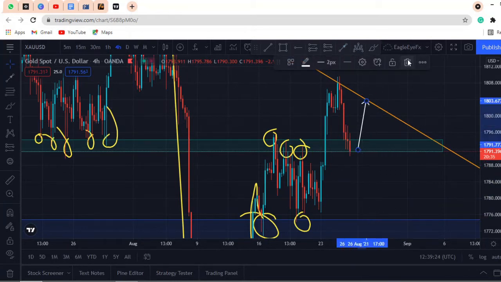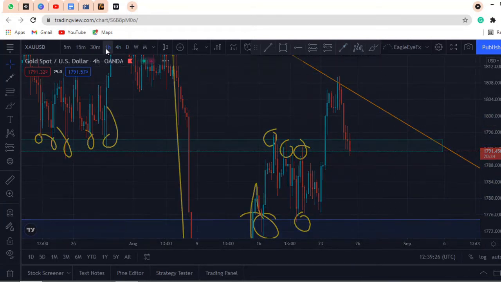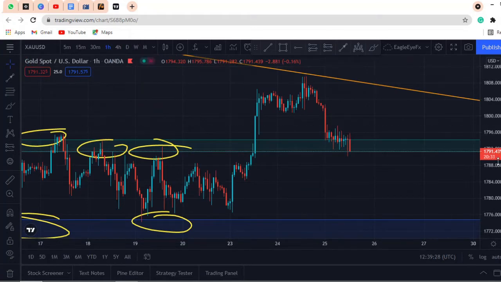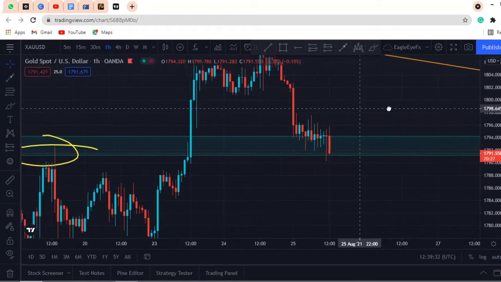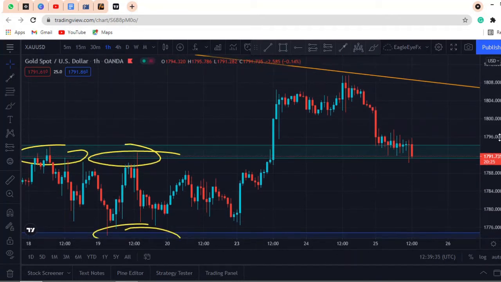With gold, I like going further down to the 1 hour time frame or even the 30 minutes time frame, because a little movement on gold has a lot of pips with it. From the 1 hour time frame, you can see it is forming some sort of flag.